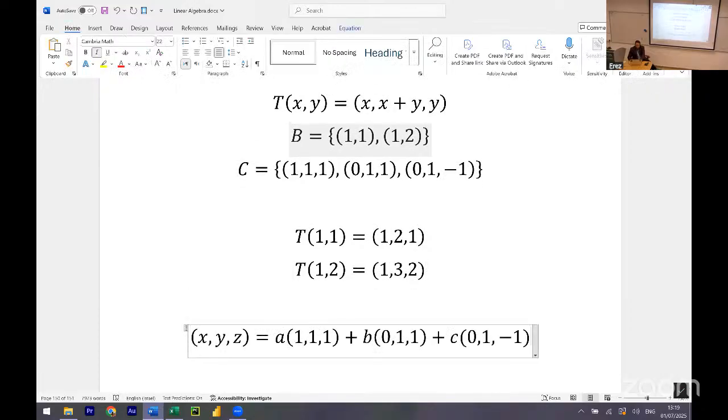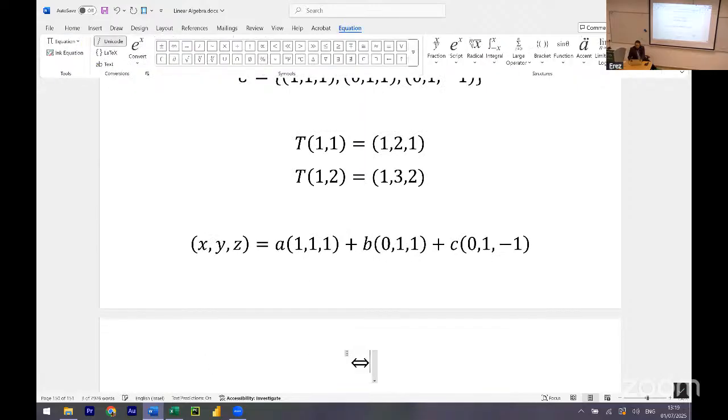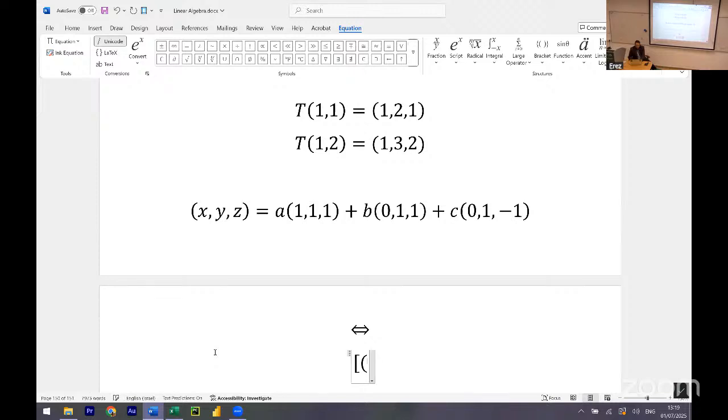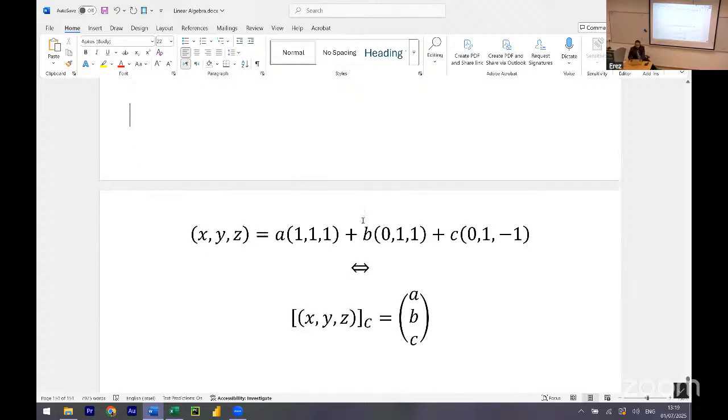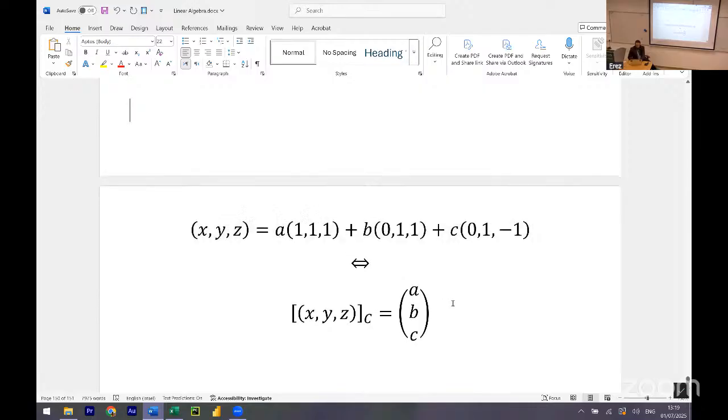That is true if and only if the coordinates of (x, y, z) according to the base C are a, b, and c. That's the main idea of coordinates, and we'll solve that system in general. To the Gaussian elimination we go.